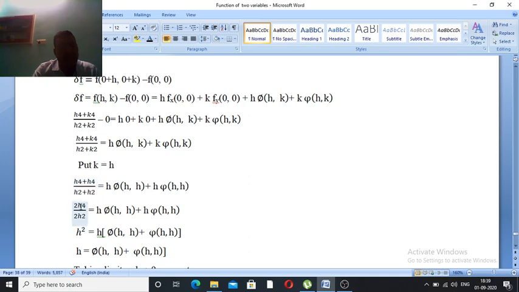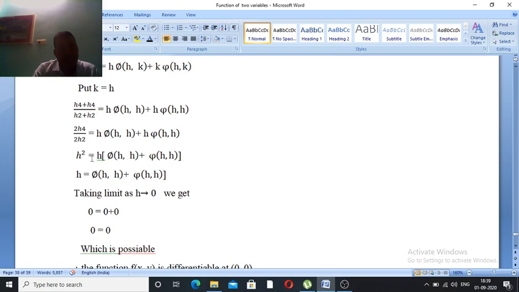That is 2h raised to 4 upon 2h square; the 2 gets cancelled. h raised to 4 upon h square is h square, which is equal to h in bracket phi(h,h) plus psi(h,h). Therefore h gets cancelled: h is equal to phi(h,h) plus psi(h,h).